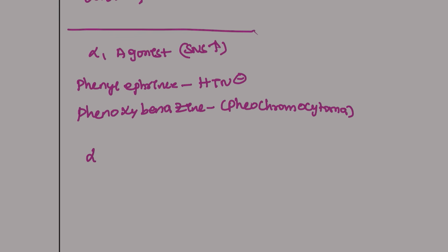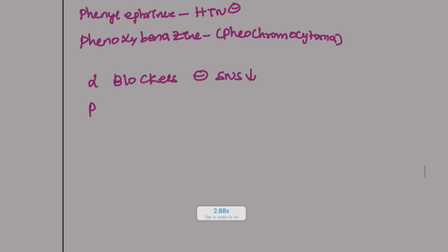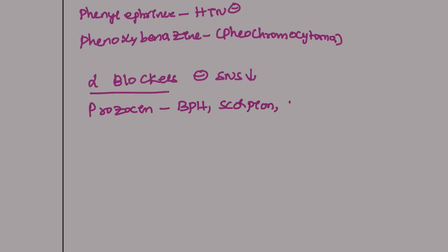Next, alpha blockers. That means sympathetic nervous system is decreasing here. These are prazosin used for the benign prostatic hyperplasia, scorpion bite, and also hypertension. Second generation is the tamsulosin.